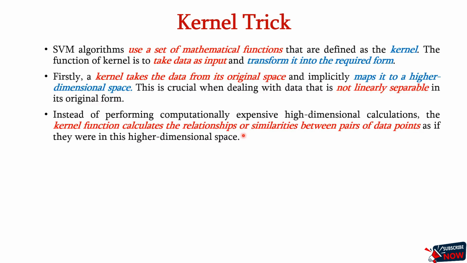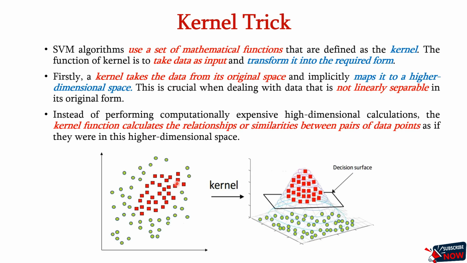Instead of performing computationally expensive high-dimensional calculations, the kernel function calculates the relationships or similarities between the pairs of data points as if they were in the higher dimensional space. So this diagram indicates that by using the kernel function, we can transform the non-linear separable data into linearly separable data in the higher dimensional space.